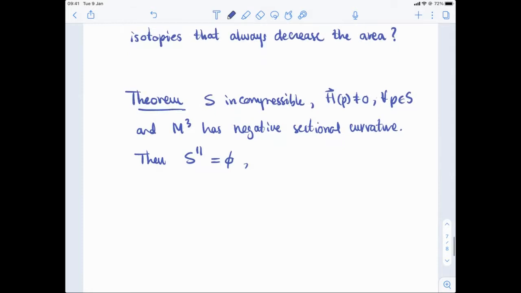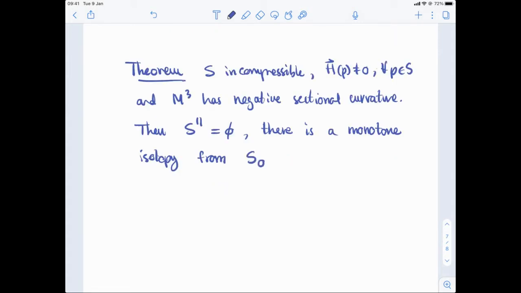And then in this case, there is a monotone isotopy from S towards S_∞, the stable surface, such that the mean curvature is also non-zero along the isotopy.